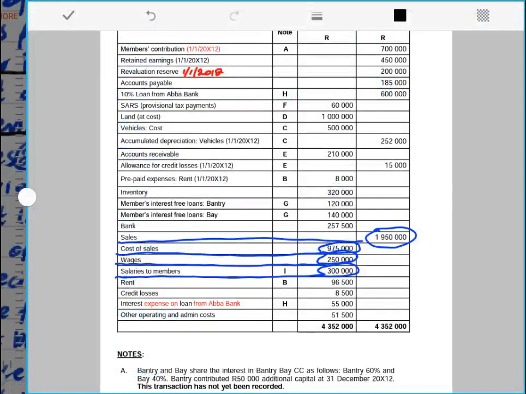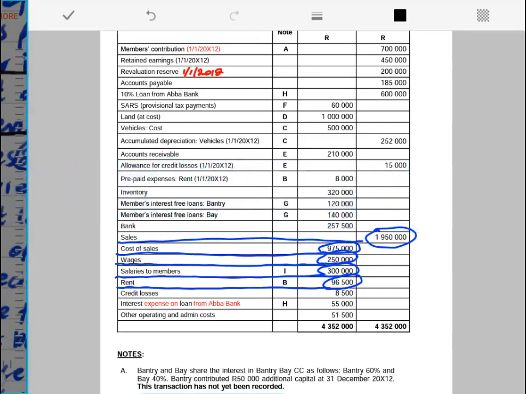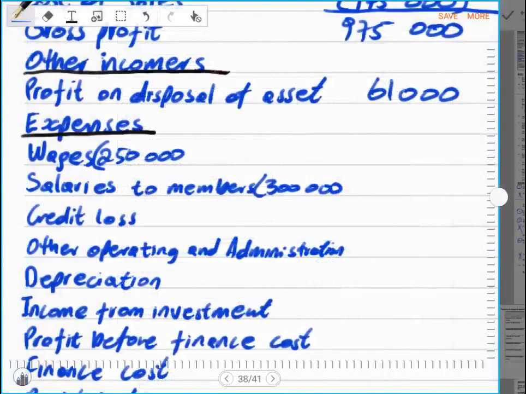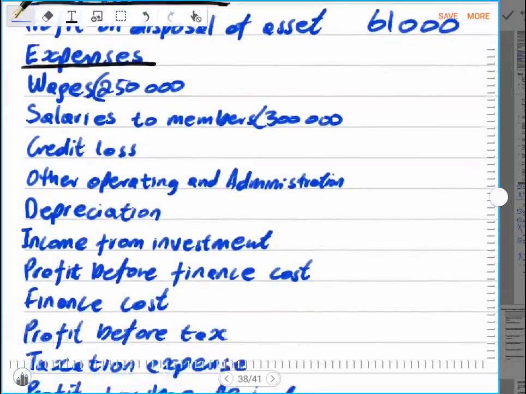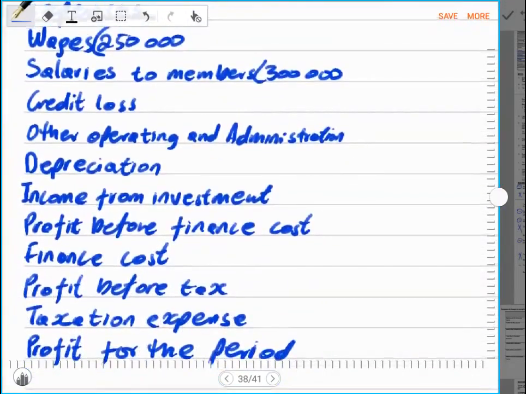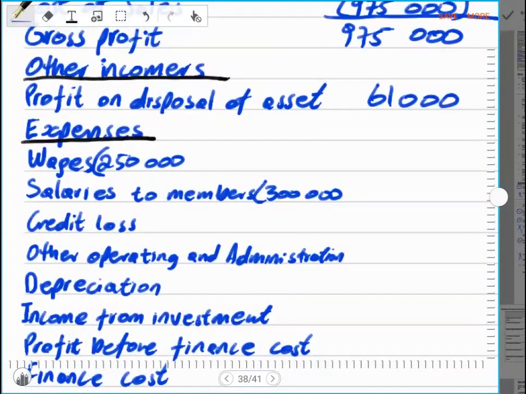Then we also had a rent expense, and the rent expense is 96,500 rands. Do we have any rent expense here? Okay, I did not make a provision for the rent expense.